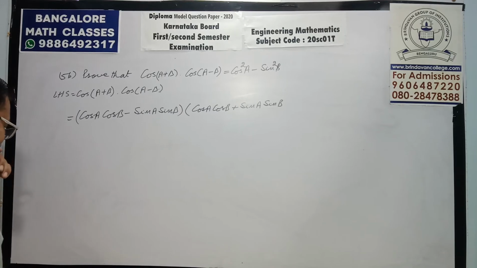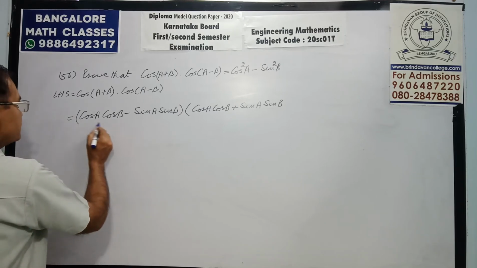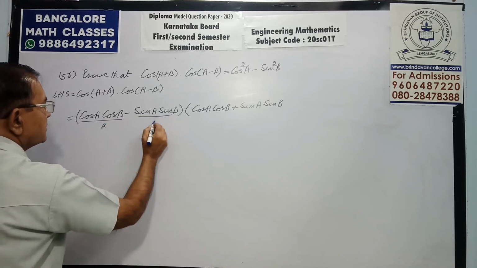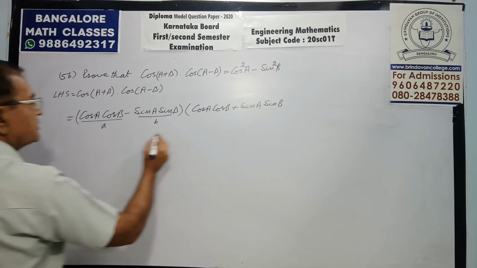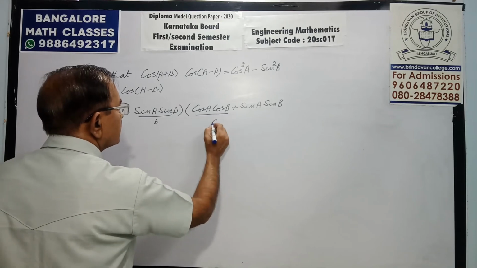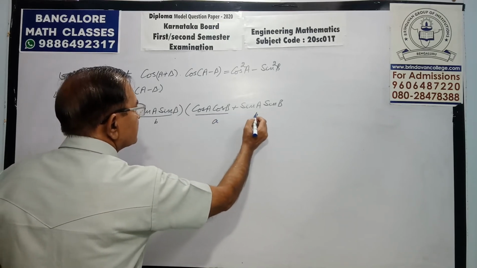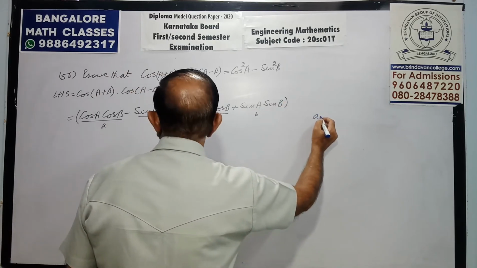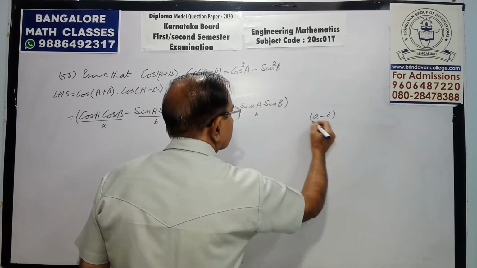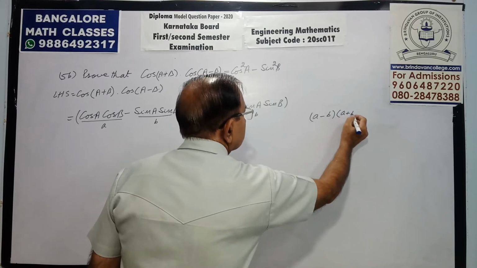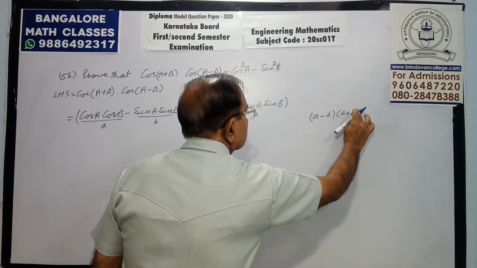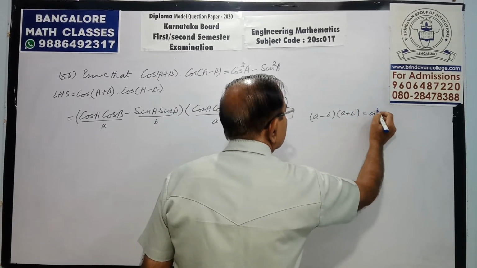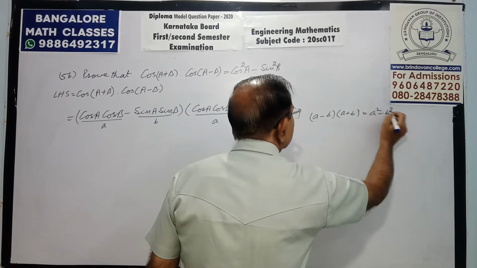Use the algebraic identities. Here, if I take cos A cos B as one term and sin A sin B as the other, I will get (A minus B) into (A plus B), and the identity we know is A square minus B square.